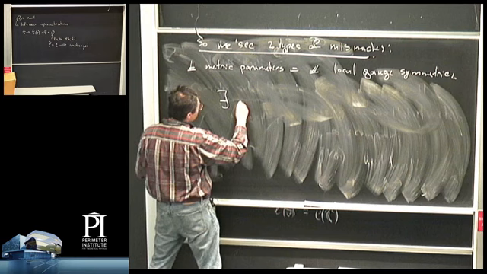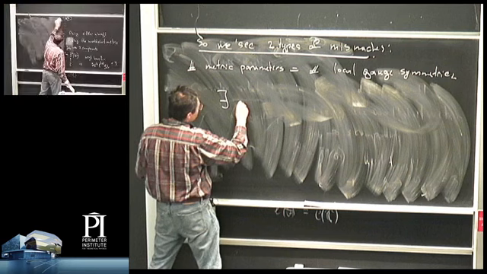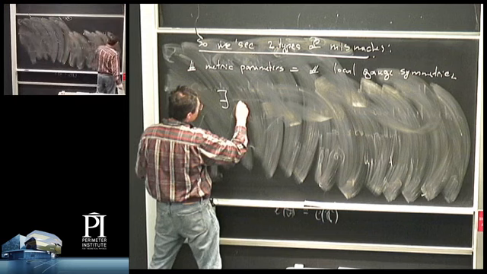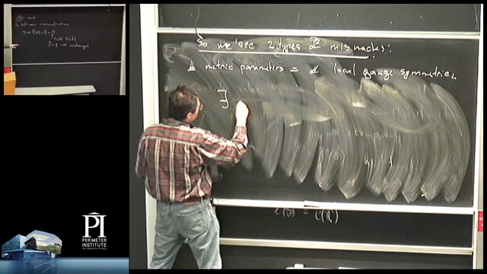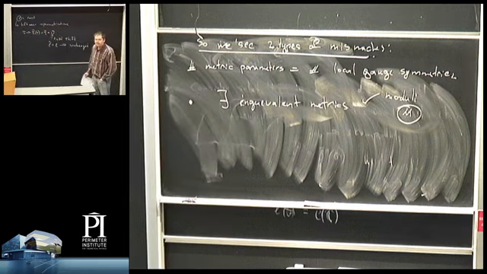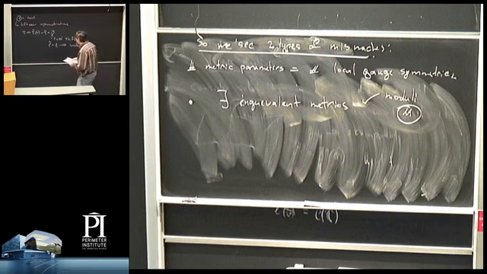And by the way, the leftover unfixed parameters in gauge symmetries are referred to as conformal Killing vectors.